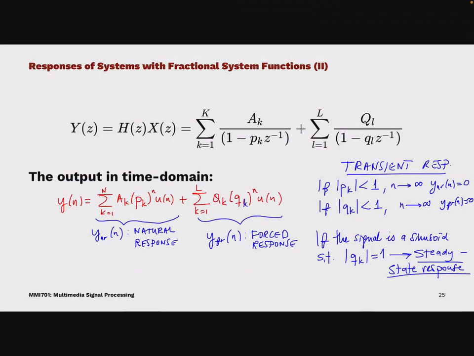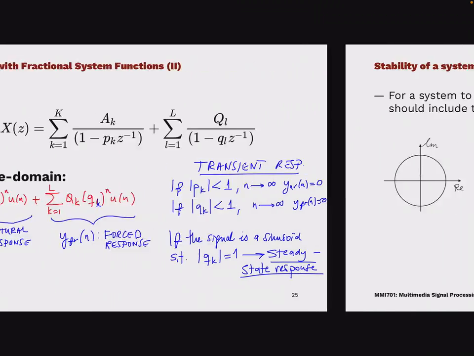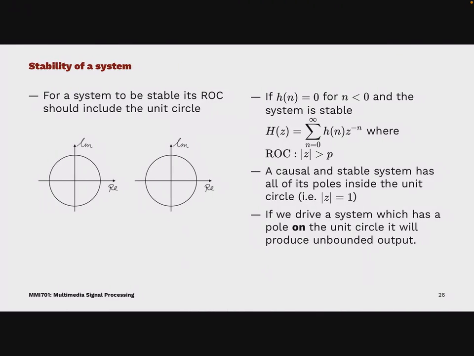All right, so finally, we're going to discuss stability of a system. We can assess the stability of a system by its Z transform. It's one of the simplest ways to do that. As long as your Z transform converges, as long as you are in the region of convergence, you can analyze whether or not your system is stable. So for a system to be stable, its region of convergence should include the unit circle. Why is that? The unit circle represents sinusoids, right?